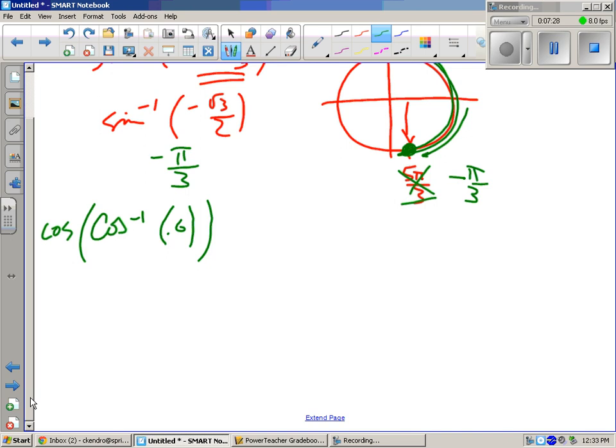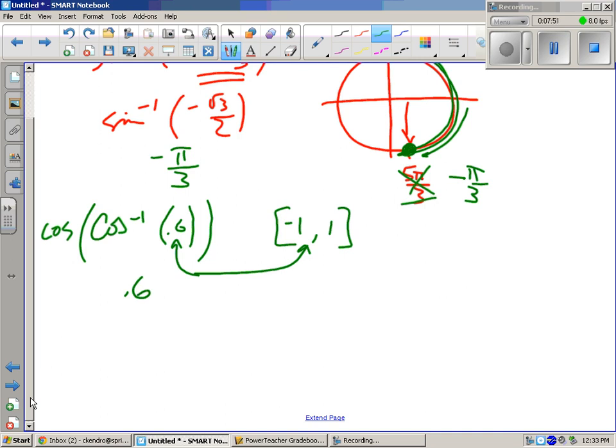Do I really need to know it? Remember, when we restricted the domain, the range always went from -1 to 1. Is this within that zone here? It's between those two, so that means I'm in the first quadrant, so my answer is going to be 0.6.